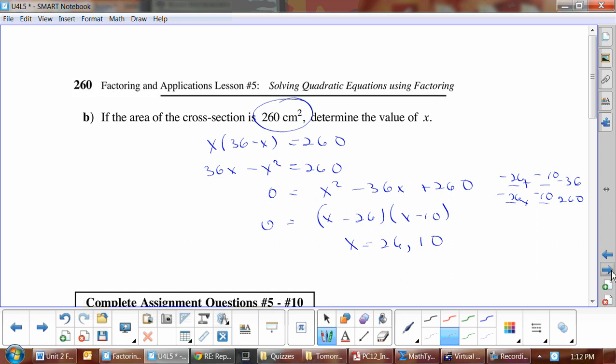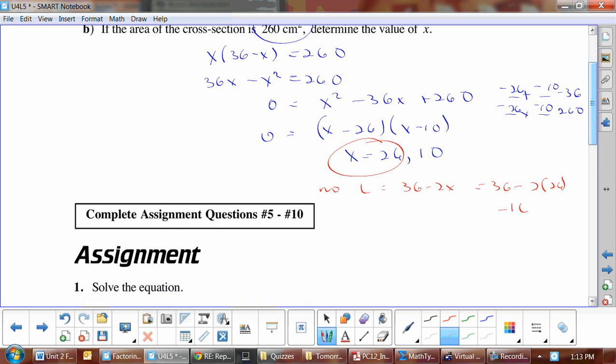So this is kind of a mean question, but this doesn't work. For the length, that's 36 minus 2 times 26, which equals -16. So that's not possible. Okay, so that one's pretty mean because most people wouldn't check that. They would just say x equals 10.